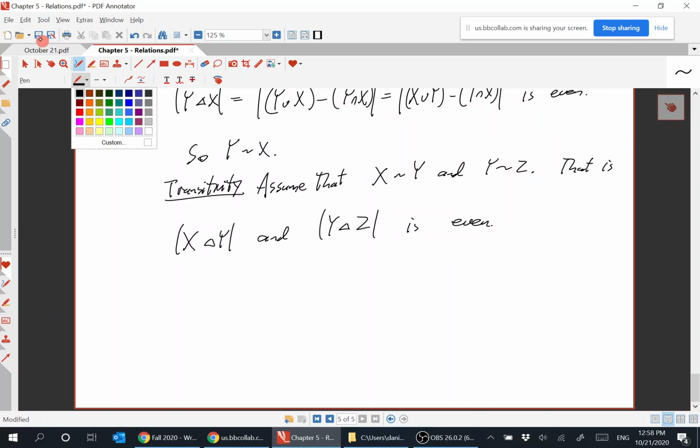Let's look at the Venn diagram of three sets. So we're talking about three sets here.